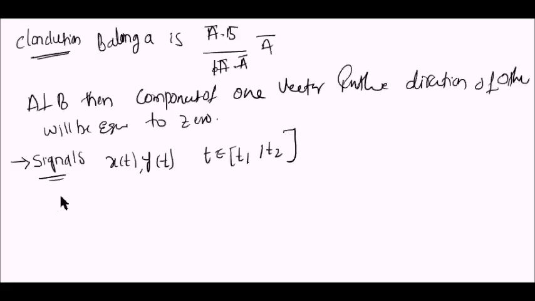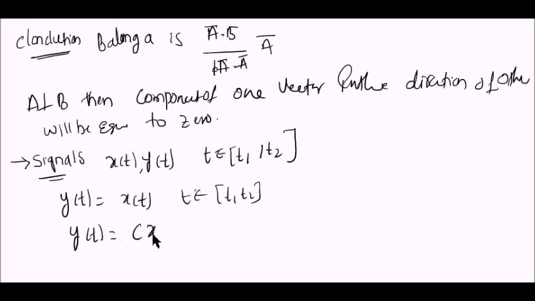Now I want to represent y of t in terms of x of t in the interval t belongs to t1 to t2. So y of t will be equal to c into x of t, which is a component of y of t in the direction of x of t, plus e of t, where e of t is the error associated with the representation.